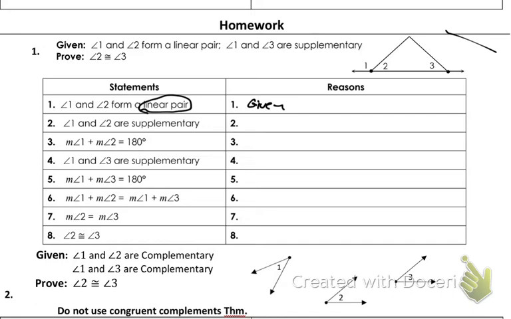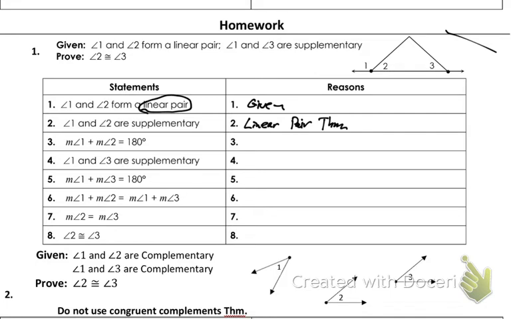So remember, linear pair occurs 3 times. It occurs as a definition, a postulate, or a theorem. Which one of those 3 specifically says that they're supplementary? Yeah, the theorem. So this would be the linear pair theorem.